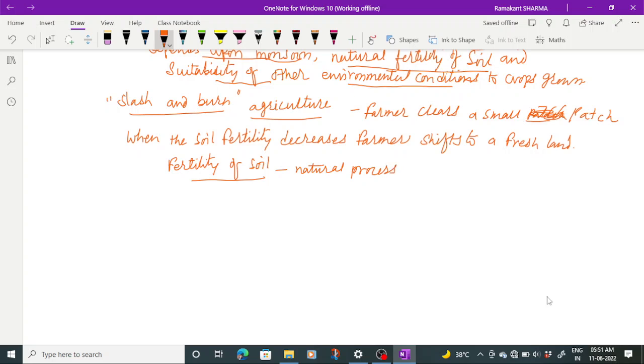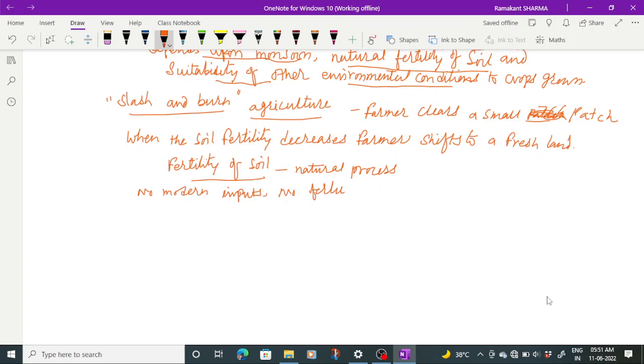It replenishes the fertility of the soil through natural processes. No modern inputs, no fertilizers.